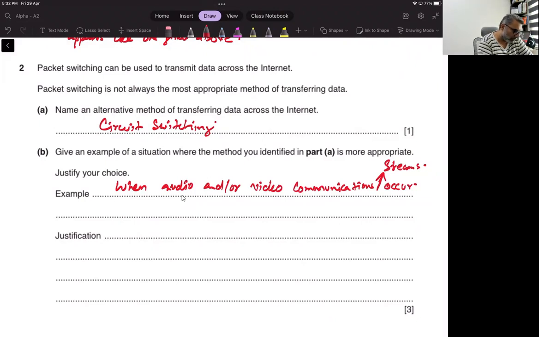Justification: when using circuit switching, there is a dedicated communication line available.